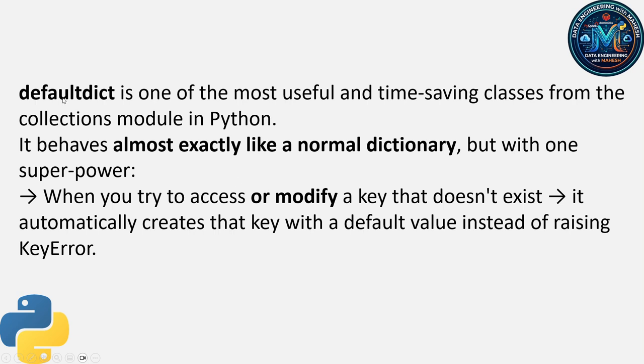And we'll discuss defaultdict in detail. Defaultdict is one of the most useful and time-saving classes from the collections module in Python. It behaves almost exactly like a normal dictionary, but with one superpower. When you try to access or modify a key that does not exist, see, we are defining a result dictionary. It is an empty dictionary.